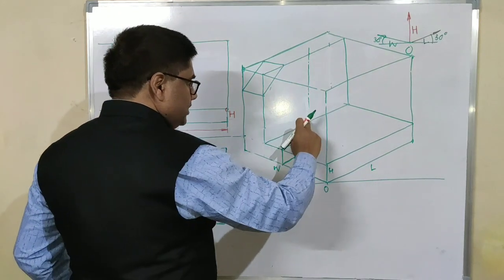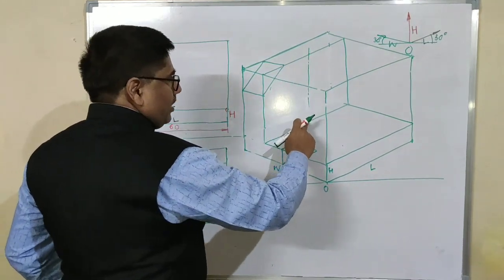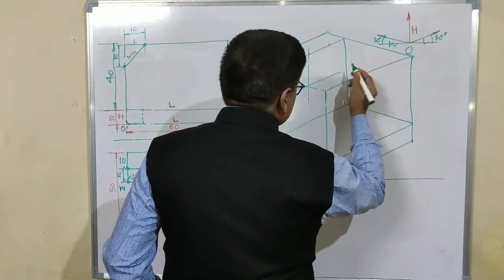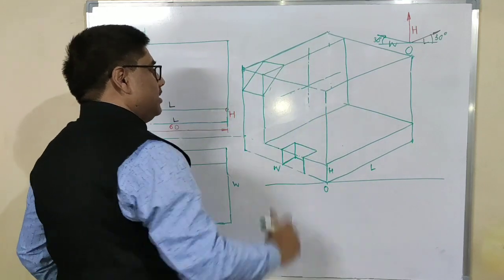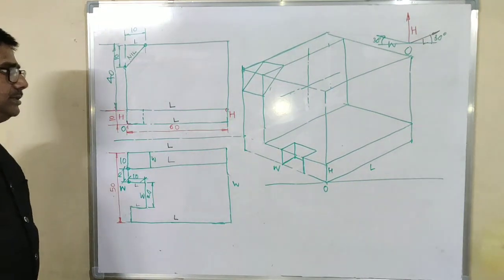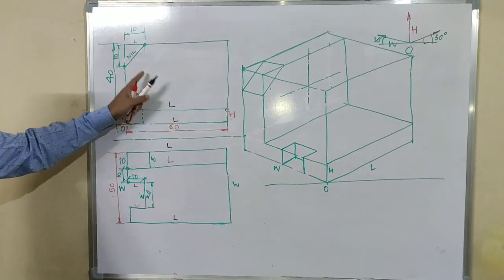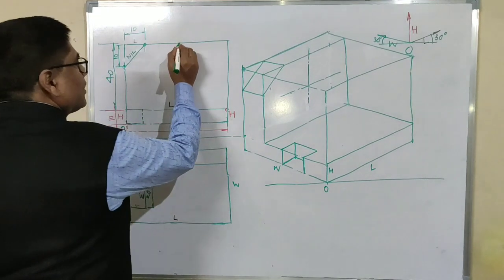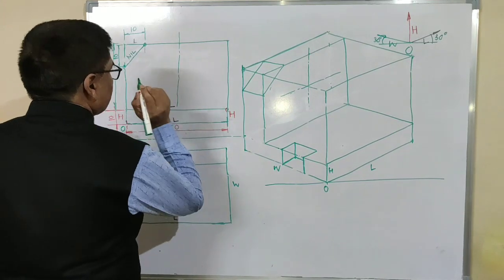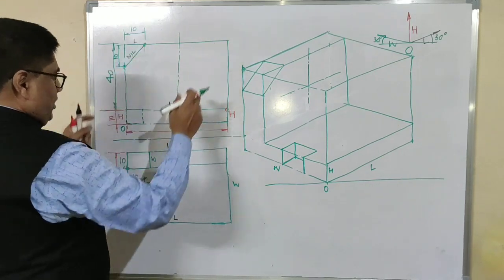This total height is from here to here, it is 40, and at 20 mm we will take the center of the hole, and we will take the hole of 20 mm diameter. This is the center point of this segment.